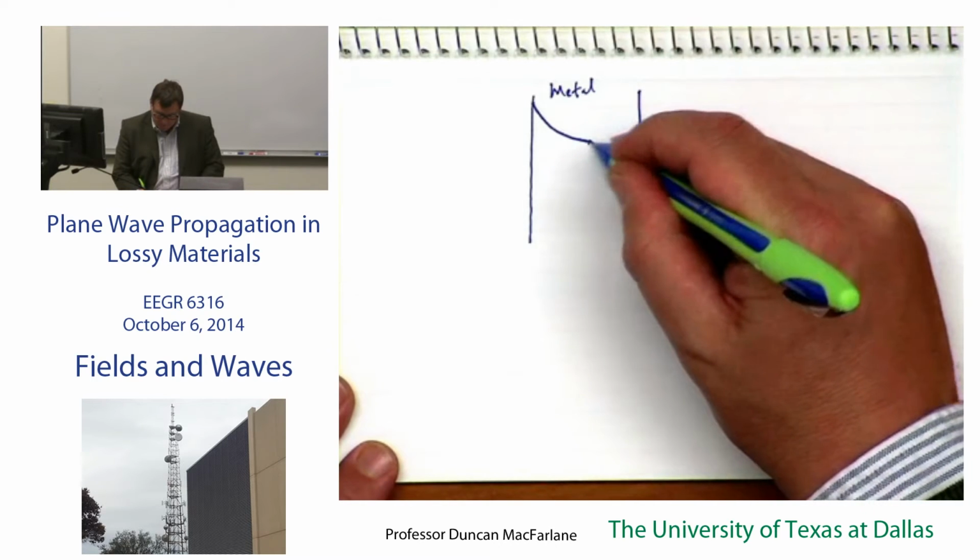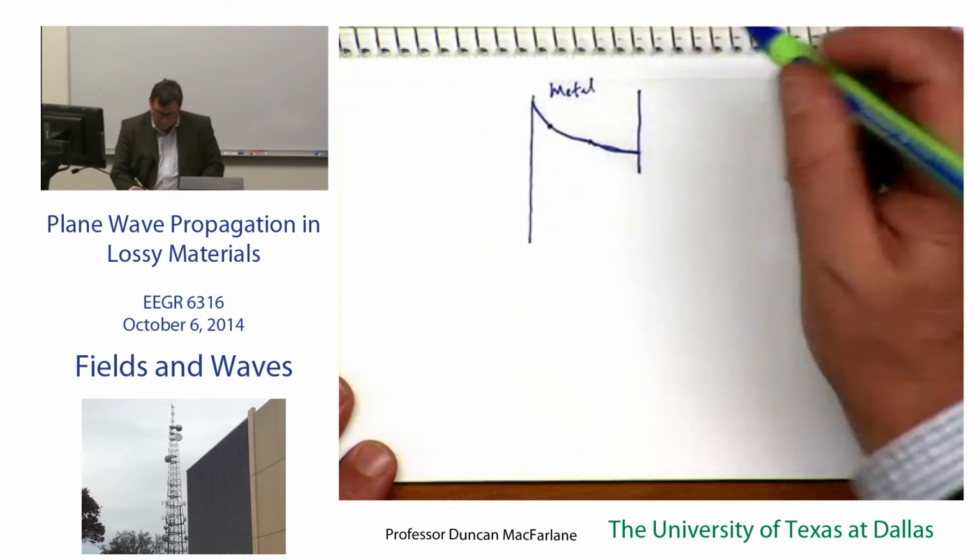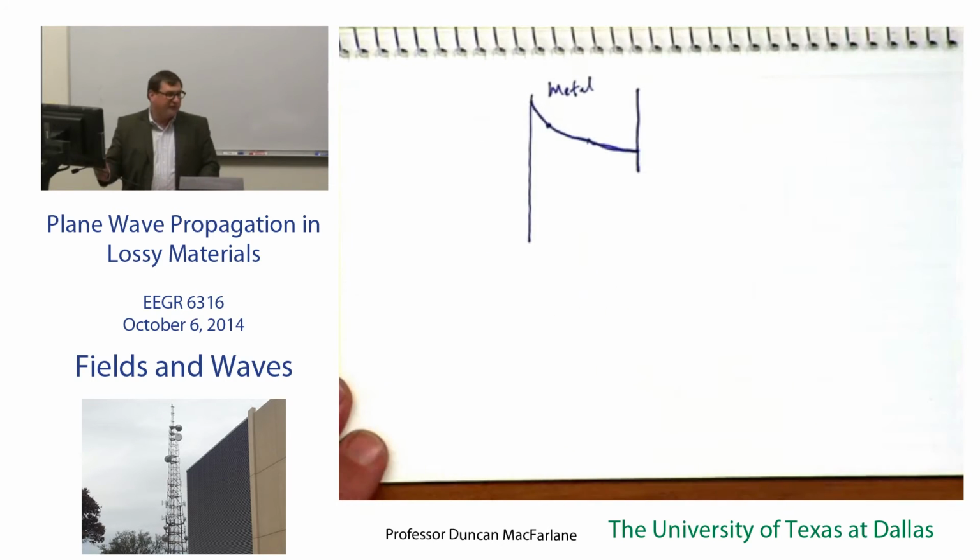Okay? So if this is about my skin depth here, you can see that I've gone 5 skin depths. And the amount of field that I see here is down e to the minus 5, which is a fairly aggressive function. So the value of your volts per meter is much smaller.